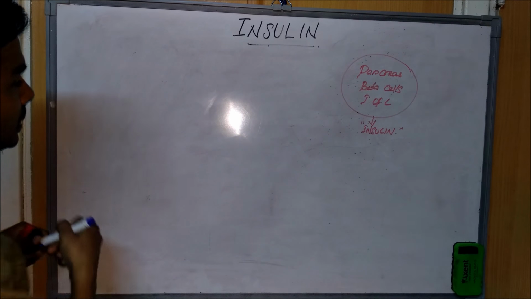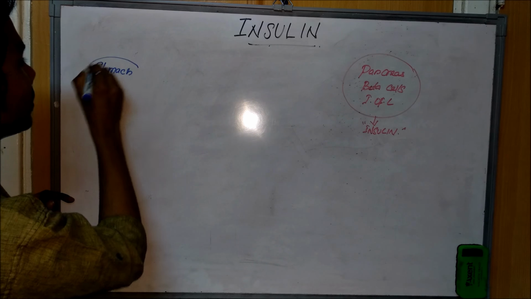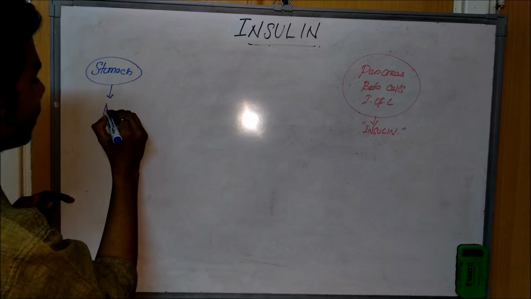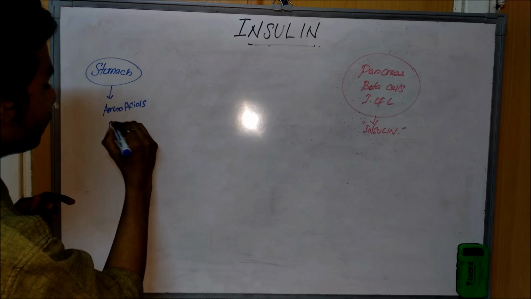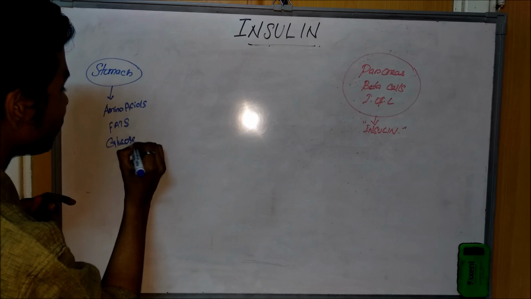When we eat, food is digested in the stomach and produces amino acids, fats and glucose.